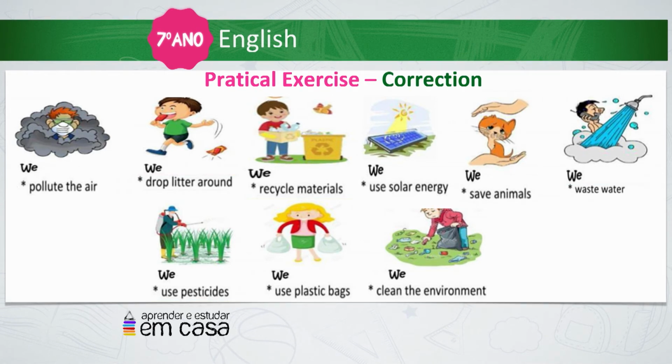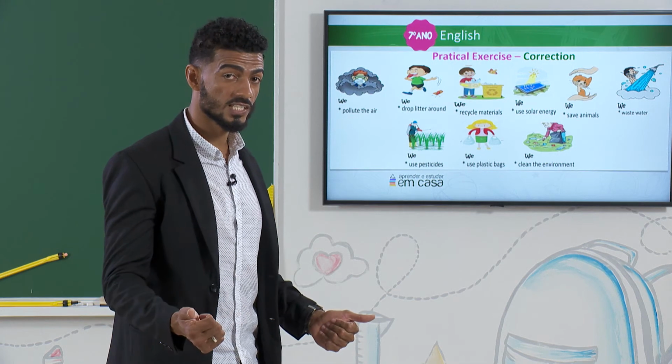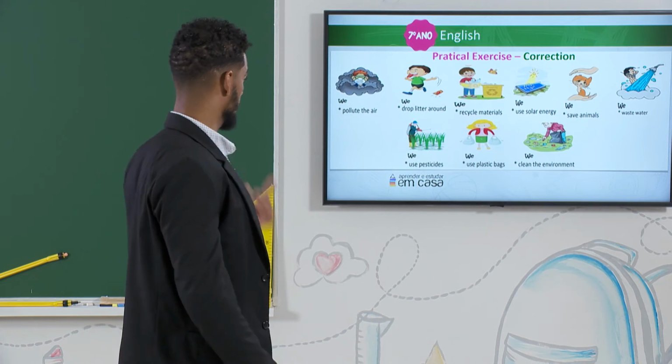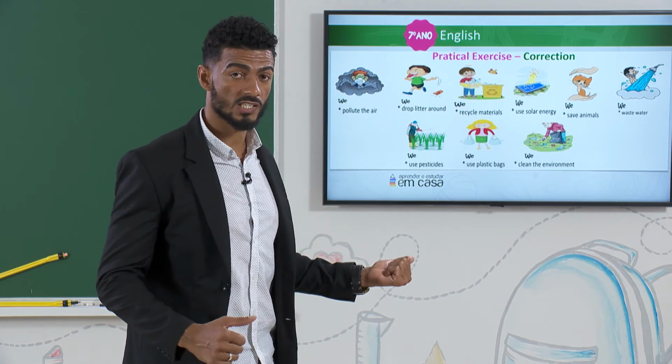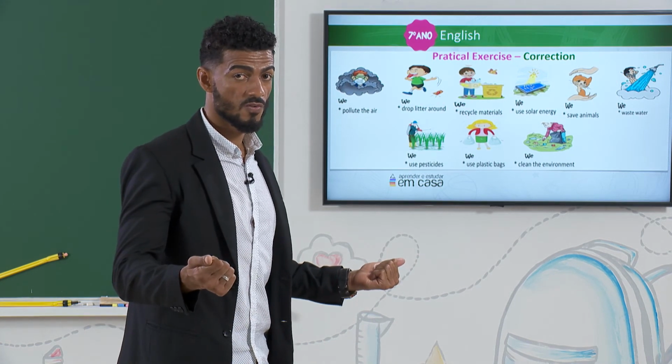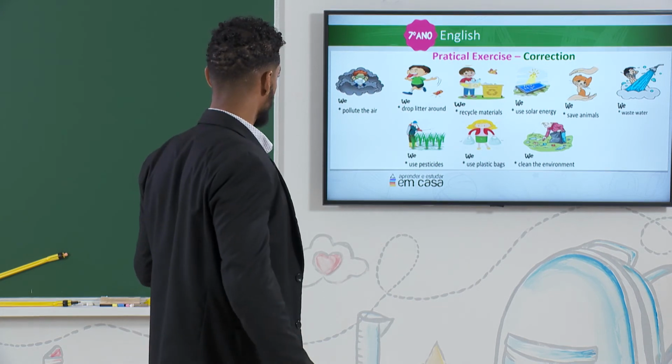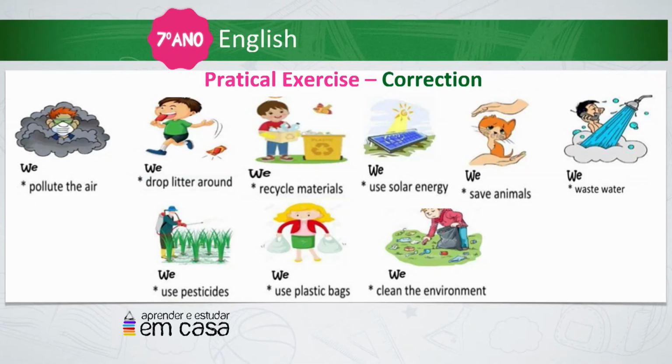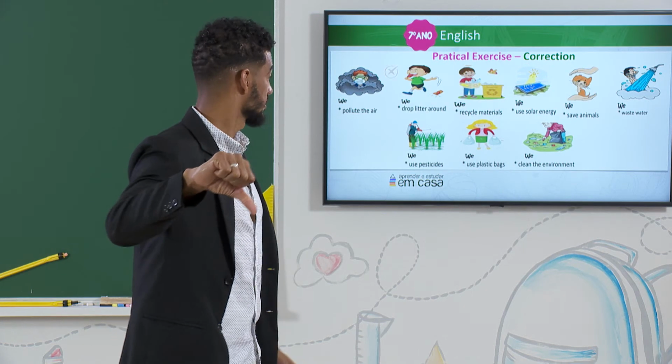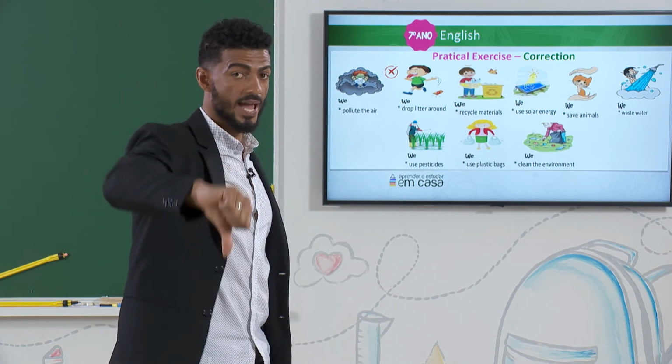Okay, great. Did you pay attention to the pictures? All right? Are they showing the good actions? No? Okay, let's see. The first one, pollute the air. Is it a good action or bad action? Which one? All right, it's a bad action.